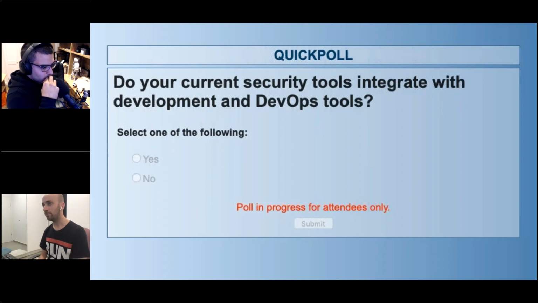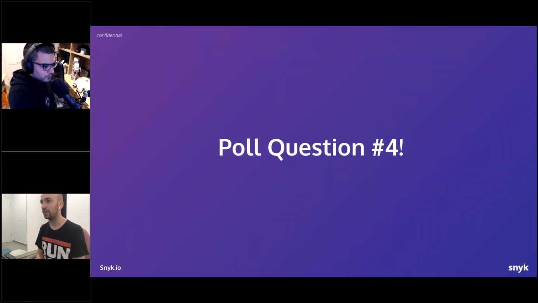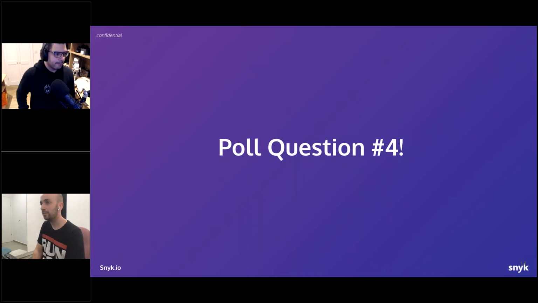So let me pivot this question a little bit, because I want to shift even more left. The way we use our tools is we're trying to find a way to build procedures and processes around them. So instead of just running them in our pipeline, we're also preparing procedures like license handling.